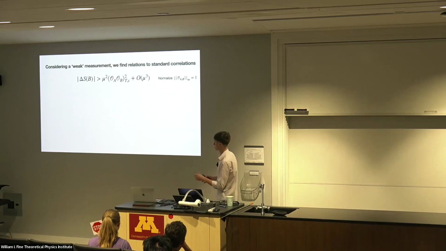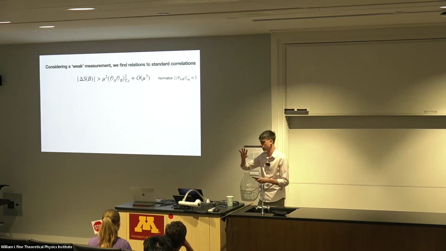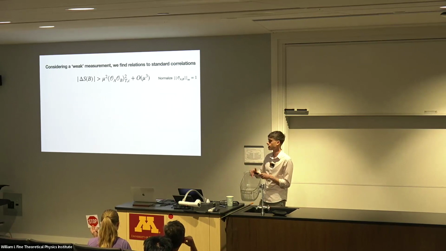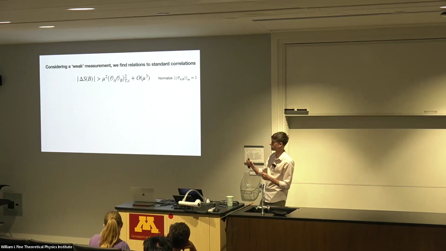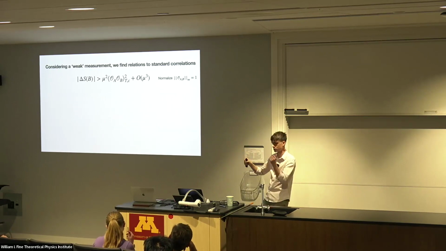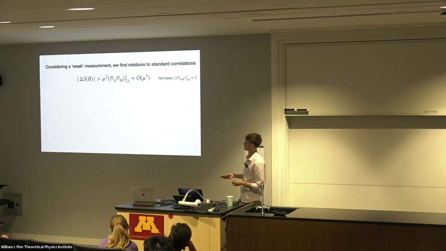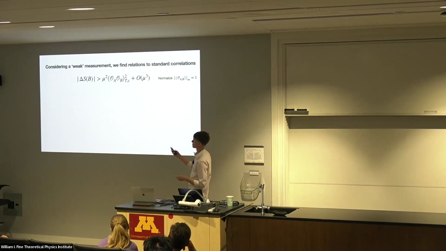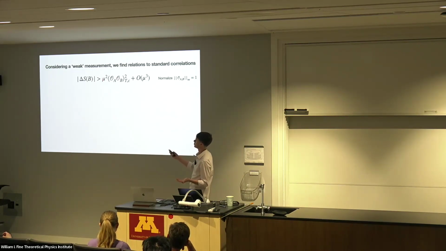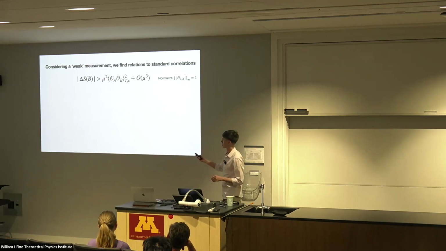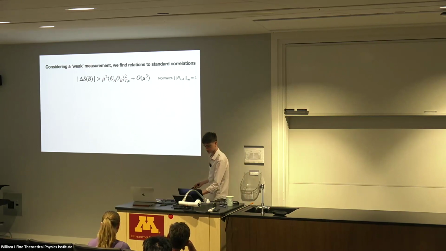If we do this weak measurement, which essentially corresponds to weakly coupling a measuring device to A and then measuring the measuring device, and then you imagine that B measures some observable OB, you can see that the change in the entropy of B is lower bounded by just this regular spatial correlation function. Mu is the measurement strength, don't worry too much about it because it's going to drop out. So one side of our inequality is lower bounded by this regular spatial correlation.